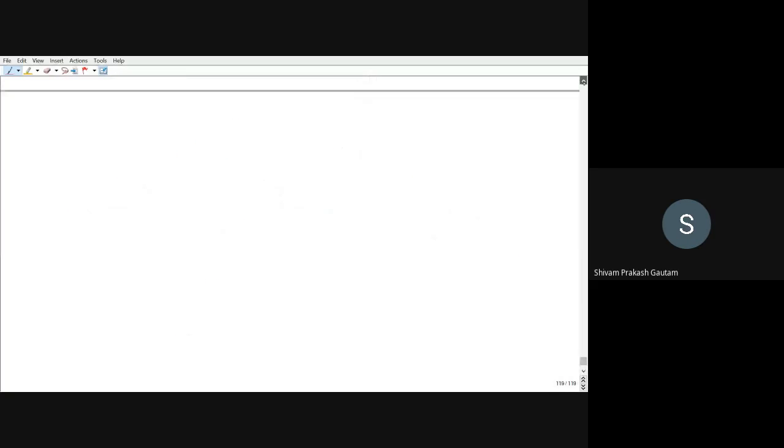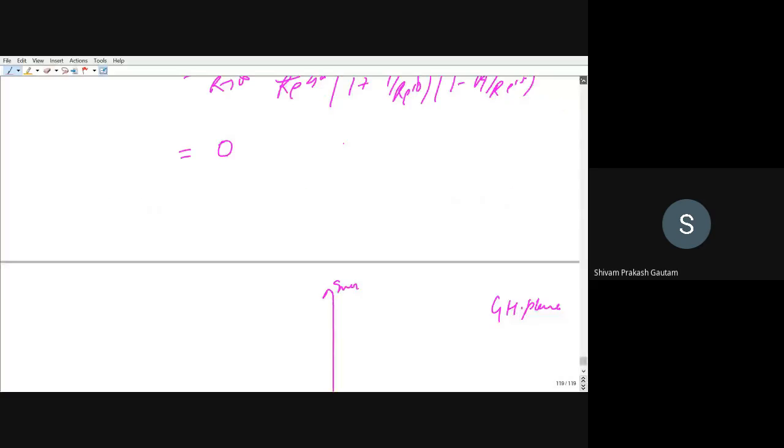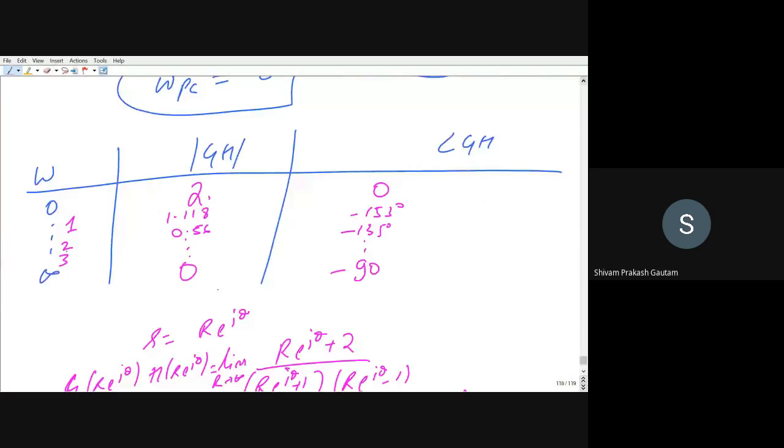So let me draw the Nyquist plot finally. This is our real part. At omega equal to 0, what was the magnitude and phase? Just see. At omega equal to 0, our magnitude was 2 and phase is minus 180.